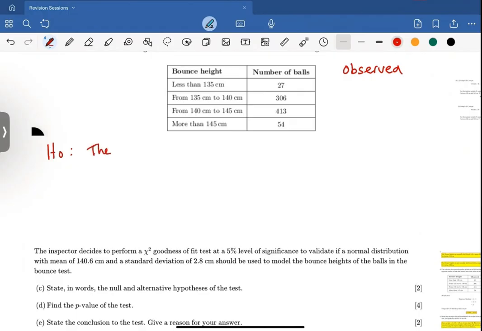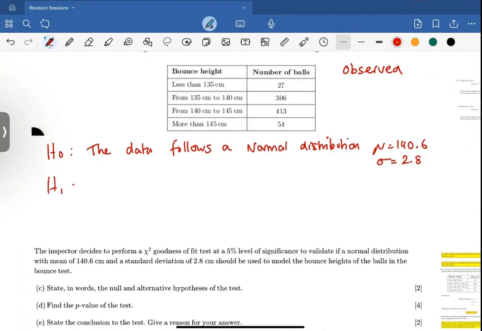So the data follows a normal distribution with a mean of 140.6 and a standard deviation of 2.8. The alternative is going to be that it does not. The data does not follow a normal distribution.